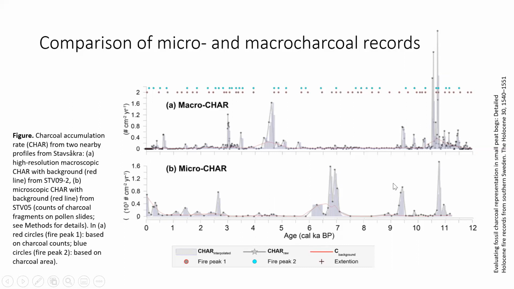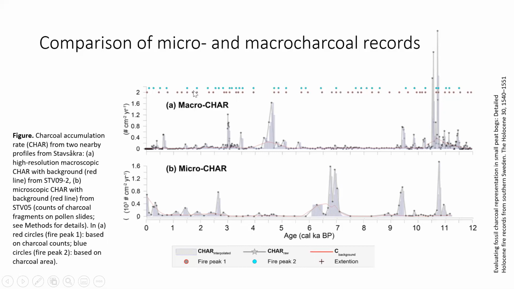And also in this study, there's the comparison of count and also charcoal area. So here the blue dots are indicating peaks in charcoal record when the area is analyzed, from macroscopic charcoal record, and then this red gray dot is indicating a peak based on charcoal counts.